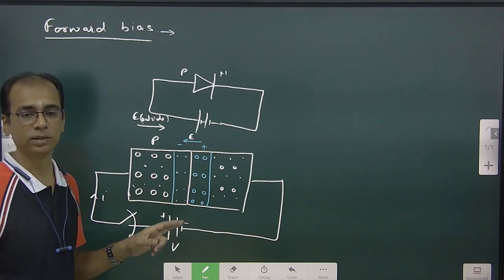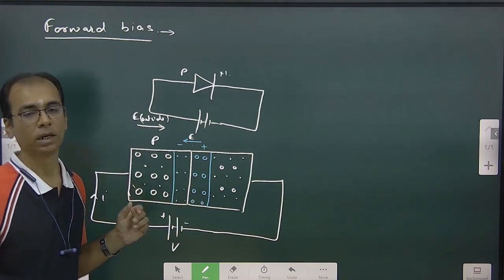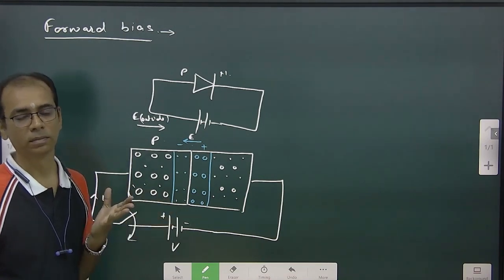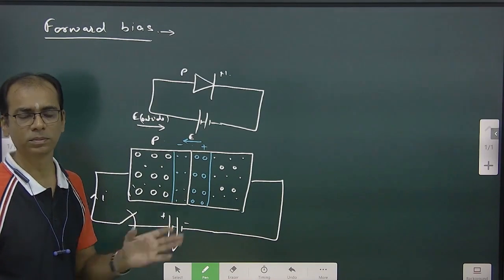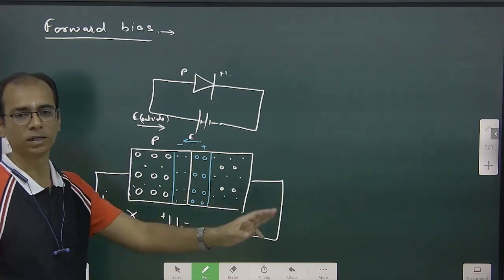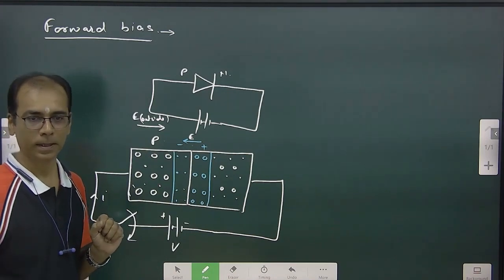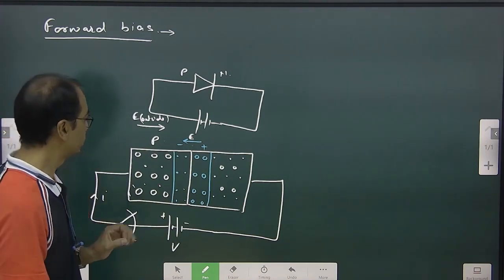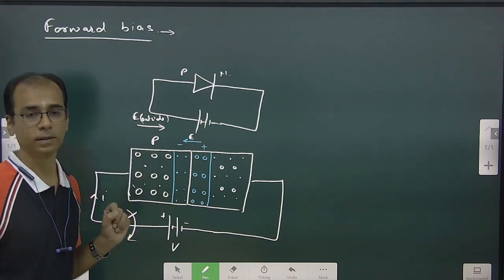As we increase it, more and more electrons will come. But at one stage it has to become saturated, when all the electrons coming over here start moving. So this is how we get forward biasing current.